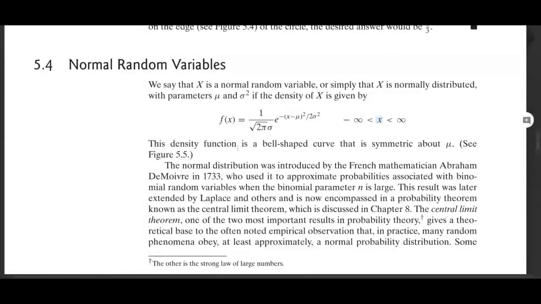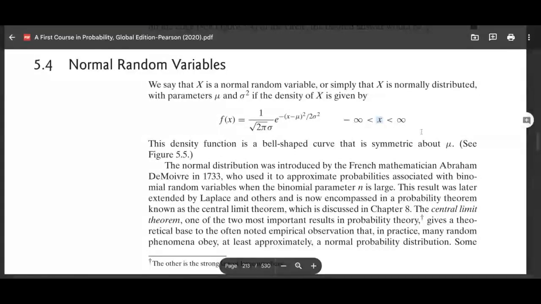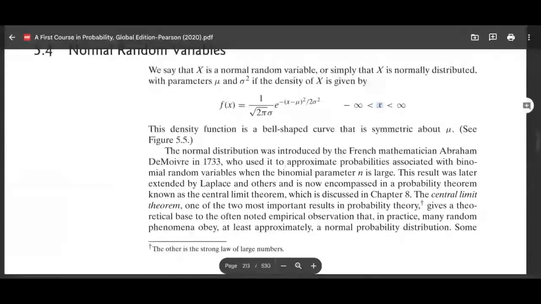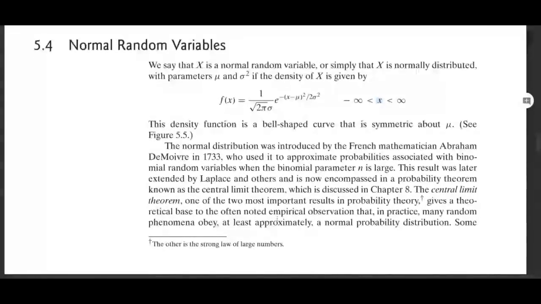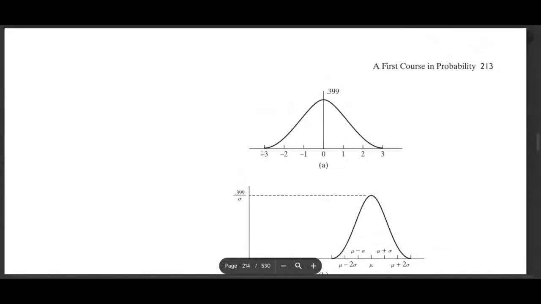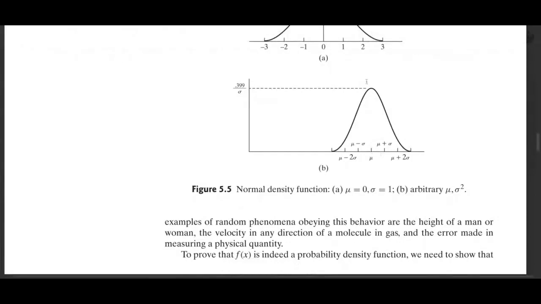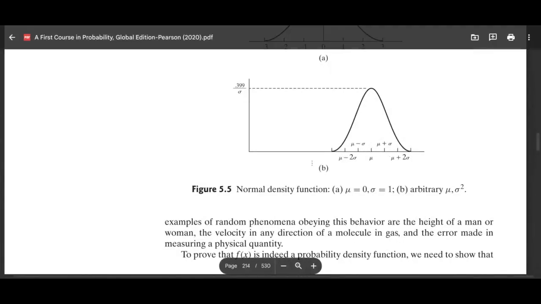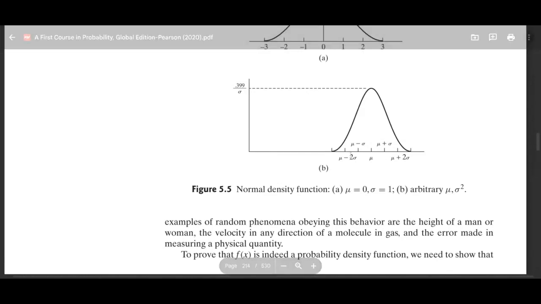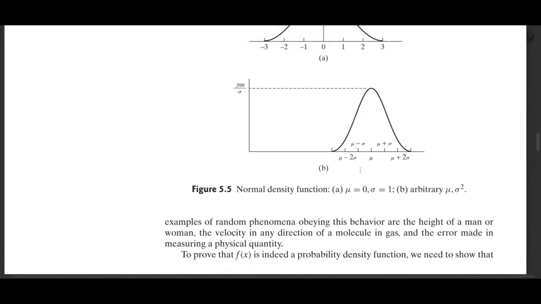So this density function is a bell-shaped curve that's symmetric about mu. Mu stands in the middle. The normal distribution was introduced by de Moivre, the bell shape. So we have this mu in the middle, then 1 deviation apart, 2 deviations apart, 3 deviations apart: mu minus sigma, mu plus sigma, mu minus 2 sigma, mu plus 2 sigma.